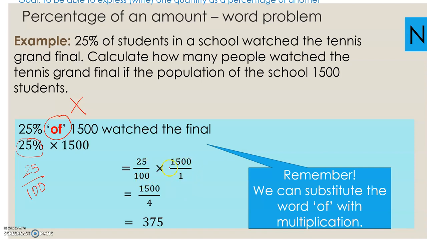In this case, I've put over 1 because we know that any number over 1 is the same number. So 25 times 1 is 25. 25 times 4 is 100. So I've simplified. And then 1 times 1,500 is 1,500. 4 times 1 is 4. And then when you simplify it, you get 375. So that's the number of people who watched the tennis grand final.